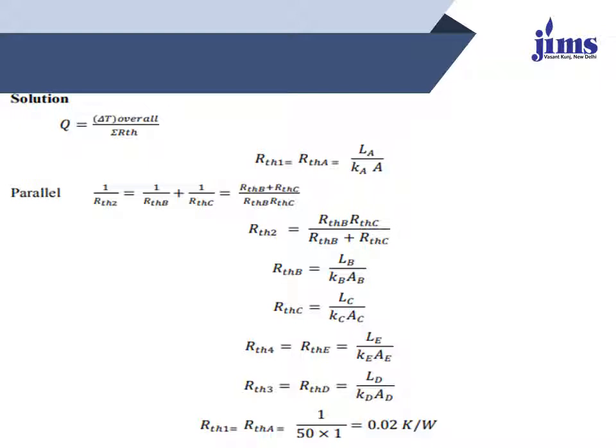So in that case the total value of resistance, RT, is equal to 1 by RTHB plus 1 by RTHC. Therefore, solving this equation, it becomes RTHB times RTHC divided by RTHB plus RTHC. RTH1, that is RTHA, is equal to LA divided by KA AA, where LA and KA are the length and conductivity of the A wall. So RTH2 is equal to RTHB RTHC divided by RTHB plus RTHC.